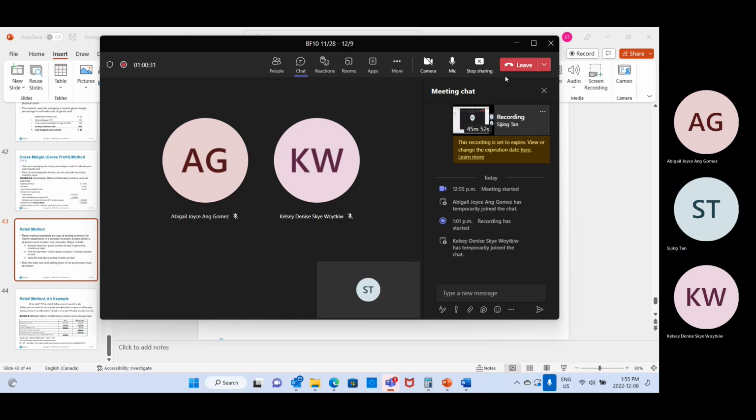What else? For example, for prepaid insurance, we spend cash and pay for prepaid insurance. Just remember, prepaid insurance we treat as an asset. So we debit prepaid insurance, credit cash.